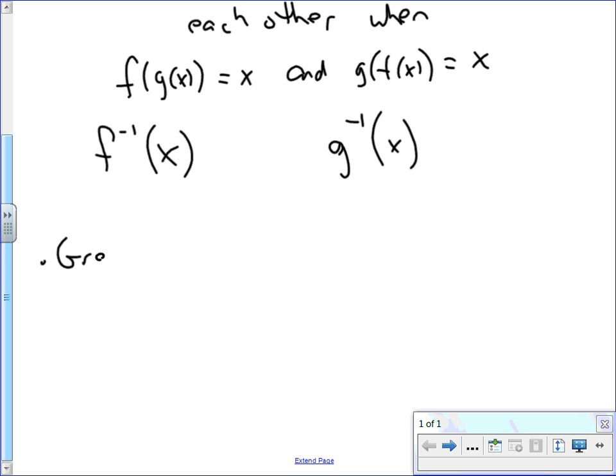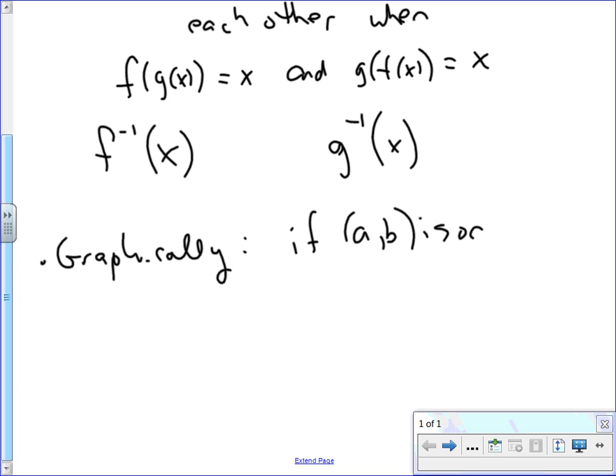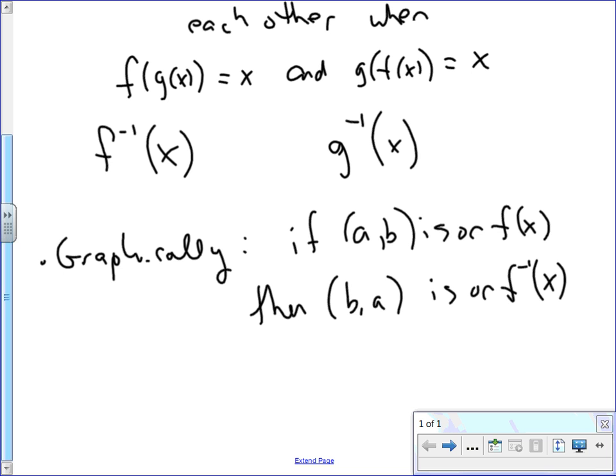Graphically, what does this mean when you look at a graph? If the point (a, b) is on f of x, then the point (b, a) will be on f inverse. And we'll switch back and forth between using f and g and stating that they're inverses and just using the f and the f inverse notation.